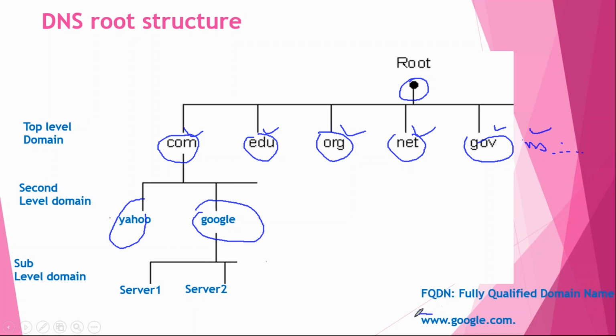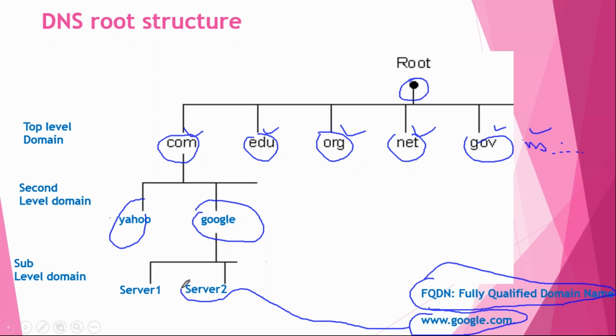You type, for example, www.google.com. This is called a fully qualified domain name, FQDN. The moment you type this fully qualified domain name, it tries to find the IP address and whether it is working or not. It will go to server 1, and if that is not working, it comes to server 2.